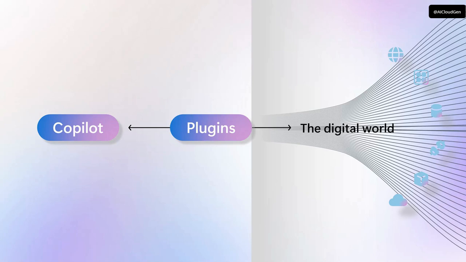So for instance, I may have an HR application and I may have some policies in my HR application, and if someone is asking Copilot a question, I want that to provide responses from my HR application. So how do I go about doing that? And that's where plugins come into the picture.